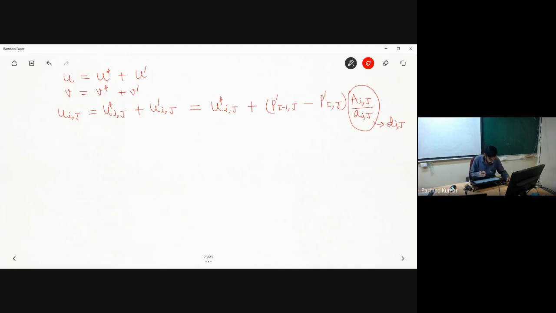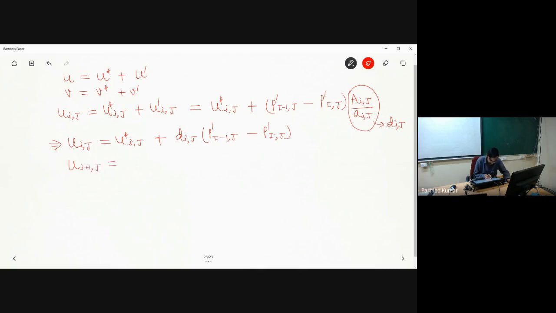If I do so, I will find that u I comma j will be equal to u star I comma j plus d I comma j times p dash I minus 1 comma j minus p dash I comma j. Now another term I want to calculate in the horizontal direction is u at point I plus 1 comma j.